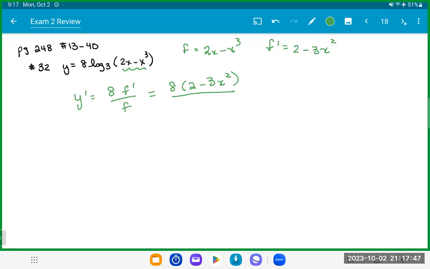Oh, the ln one, sorry. So it is 8 over the ln of 3 times 1 over my f, which is 2x minus x cubed.